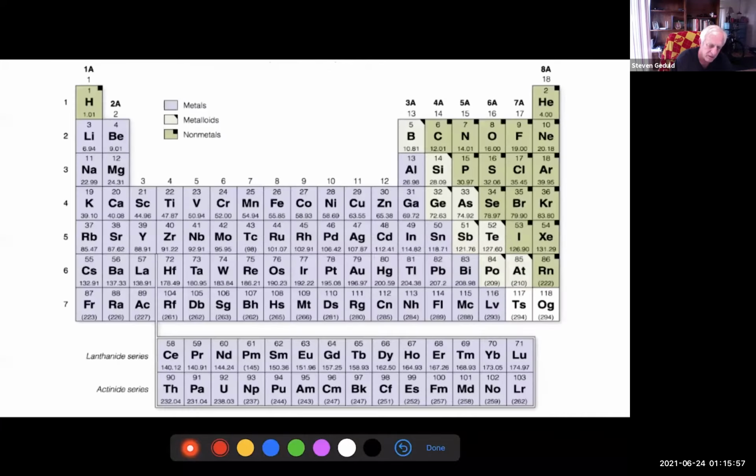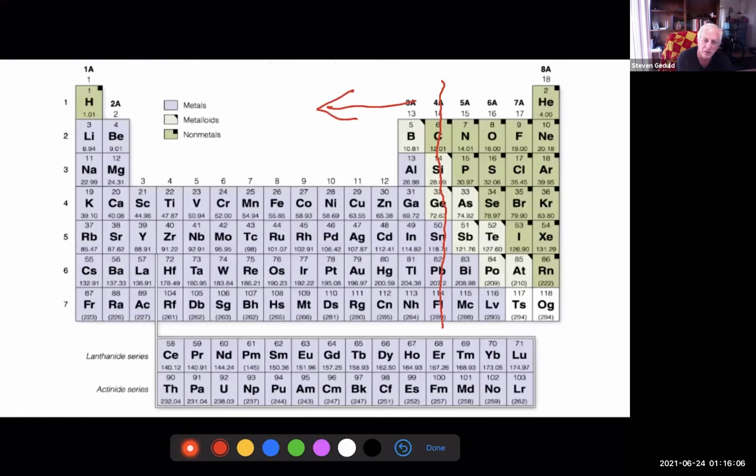The octet rule means everything wants to have 8 electrons, whether they lose electrons to get there or gain electrons. If the element is to the right side of carbon, again, come back to our periodic table. Here's carbon, this is our neutral point right here. Elements to this side are going to lose electrons.